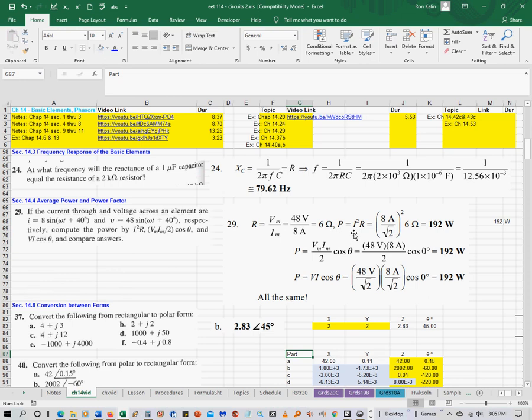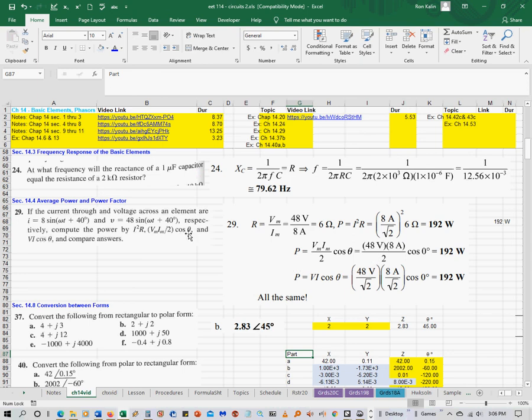And then P equals I squared R. I is the RMS value in this equation, so it's going to be this I max value divided by the square root of 2. That's the RMS value, and then you're squaring that, multiplied by the resistance of 6, which you calculated here. You get 192 watts.